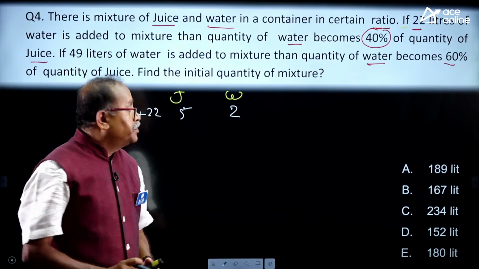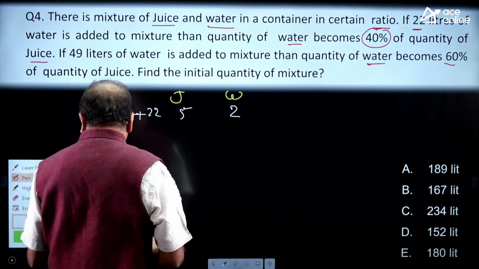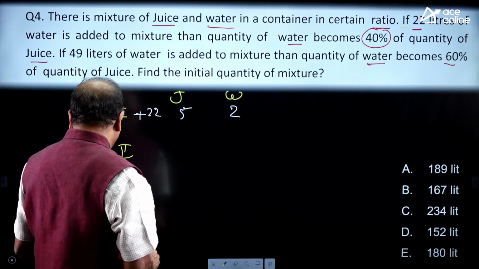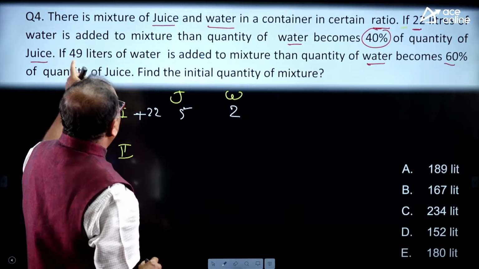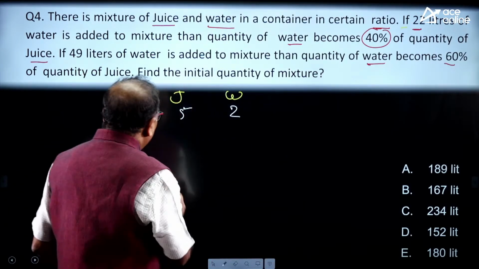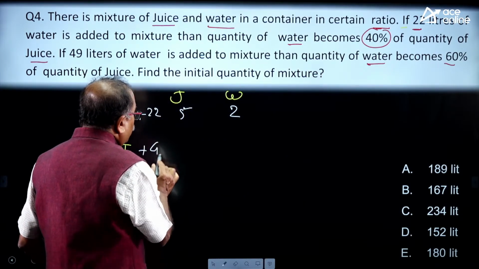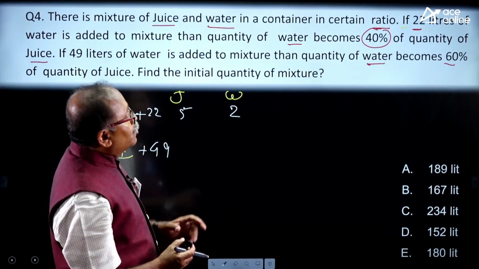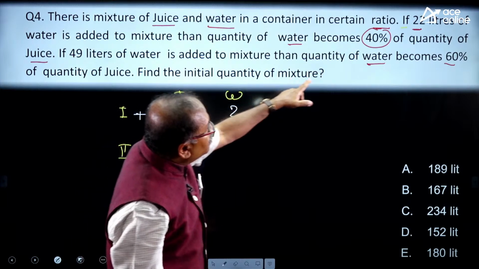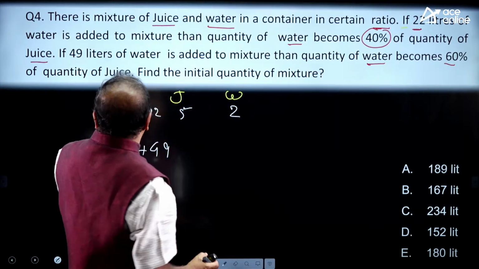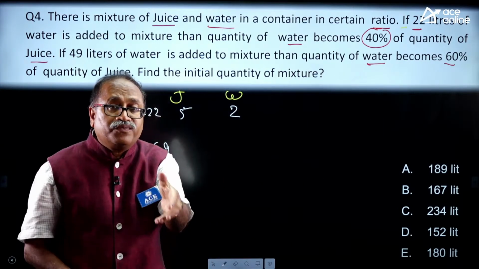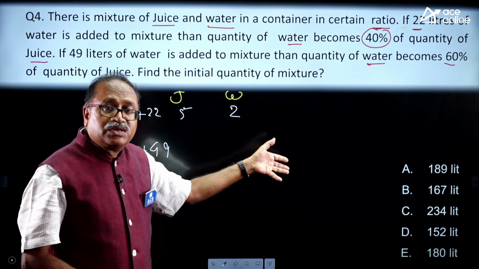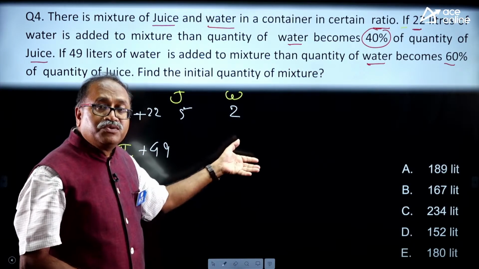That is case 1. And what is the second case? Instead of that, if you are adding 49 liters of water, in that case what is the ratio of juice to water? Here you can see that the water becomes 60% of the quantity of juice. That means if the juice is 100, the water will be 60. The ratio is 5:3.